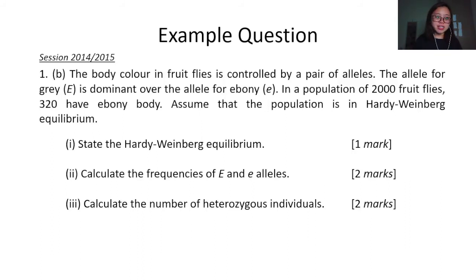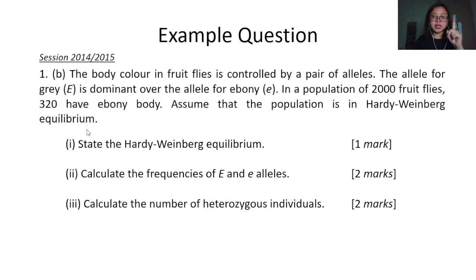Okay, so let's look at this sample question from 2014-2015. In this question, the body color in fruit flies is controlled by a pair of alleles. The allele for gray, which is big E, is dominant over the allele for ebony, which is small e. In a population of 2,000 fruit flies, 320 of these fruit flies will have ebony body. Assume that this population is in Hardy-Weinberg equilibrium.